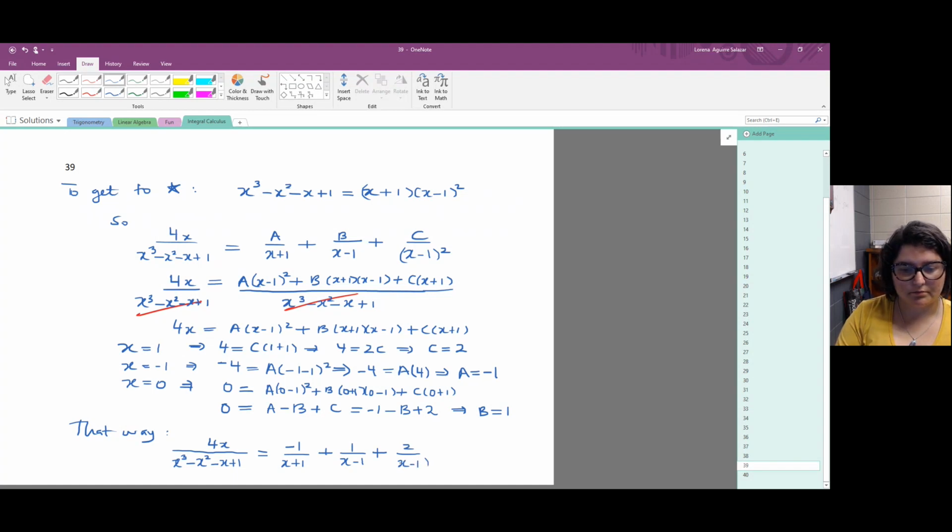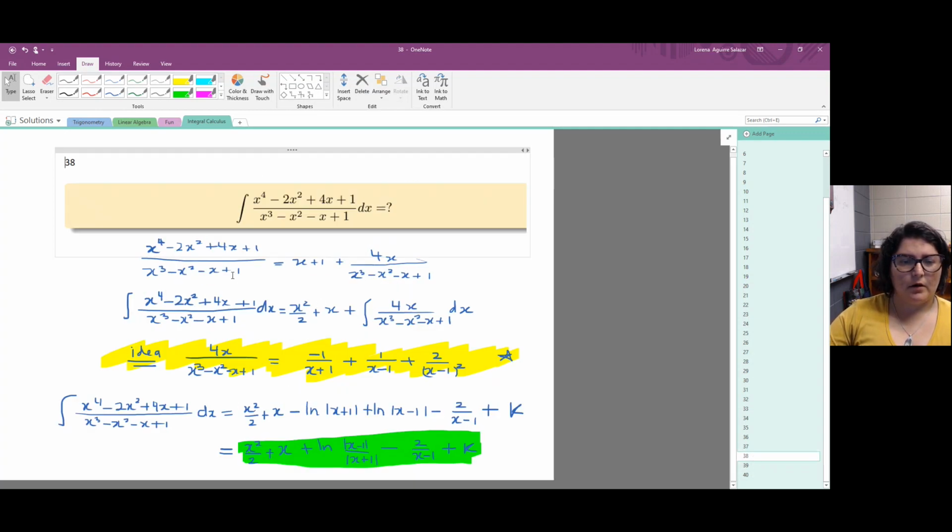Okay. So to summarize what we did, we performed long division first because we had a quartic polynomial divided by a cubic polynomial.